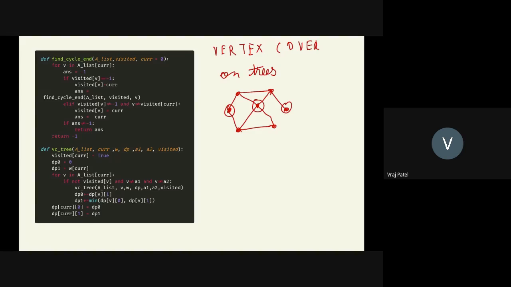So you see that this is not a vertex cover. Why? Because this edge doesn't have any point inside this, and this edge is also remaining. So suppose now I add this vertex and I add this vertex.